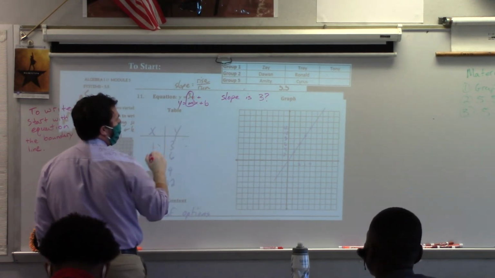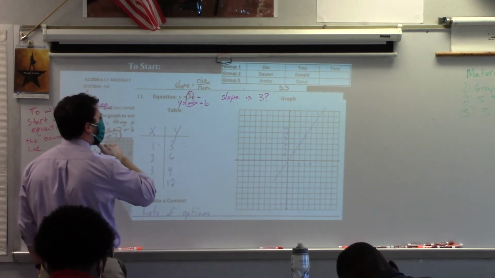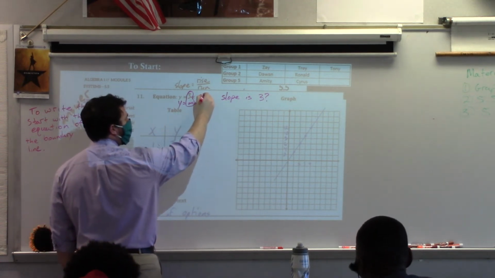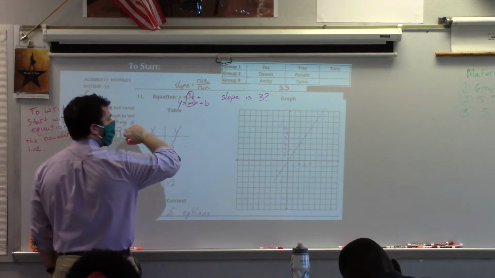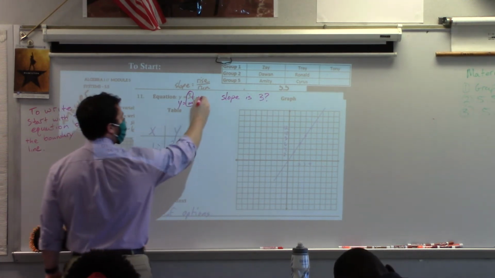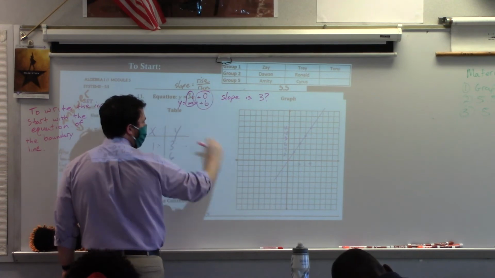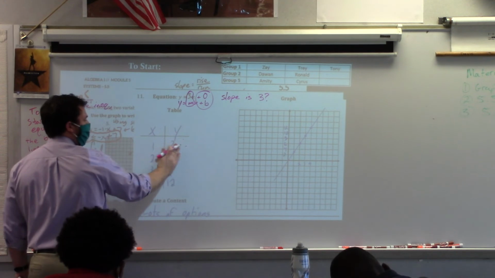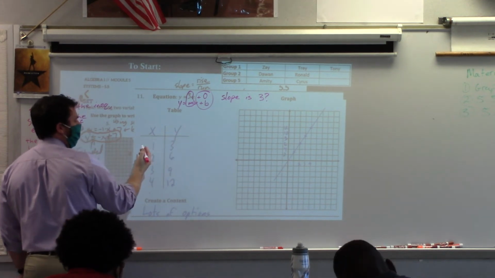Technically, what would my y-intercept be? If I'm not adding anything, what number represents nothing, basically? 0. What would my y-intercept be? 0. Notice, and don't make this more complicated than it has to be.